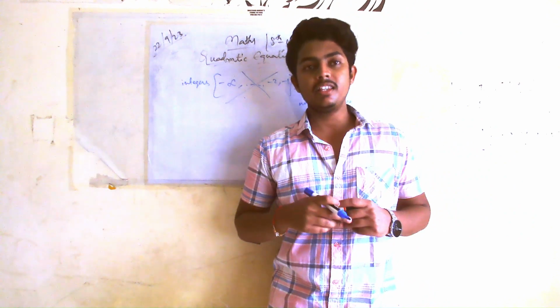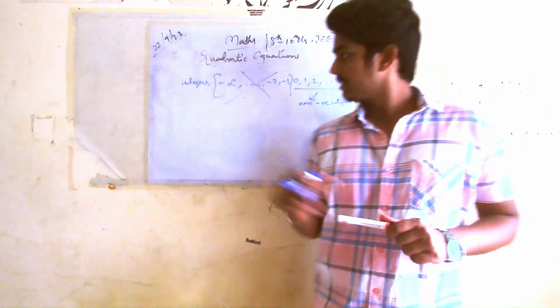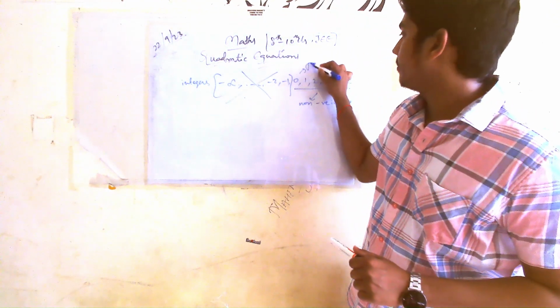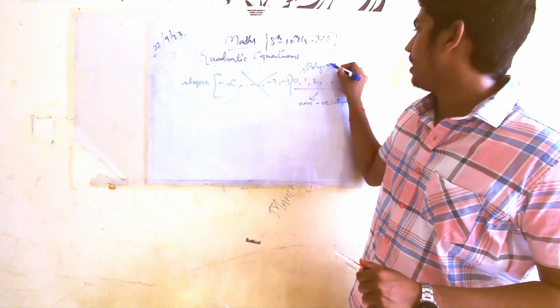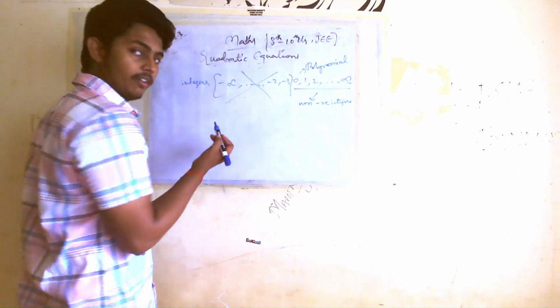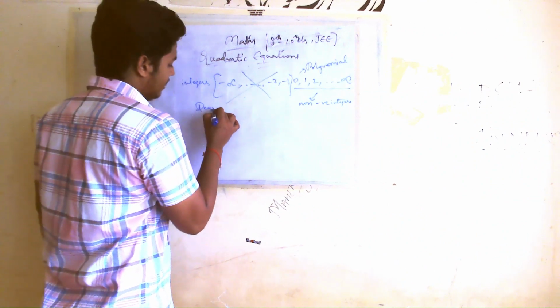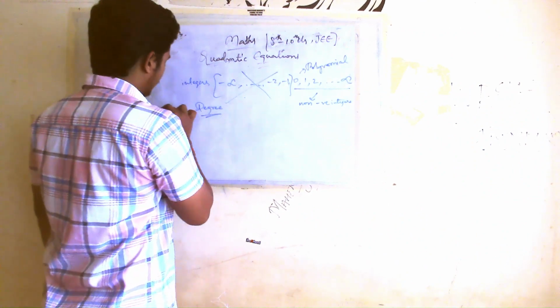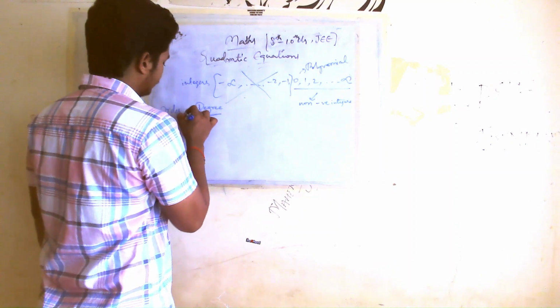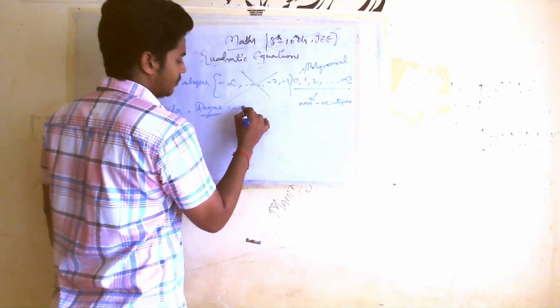Especially, quadratic means the power is 2. This definition is for polynomials. In that, especially the degree or order of the equation is 2.